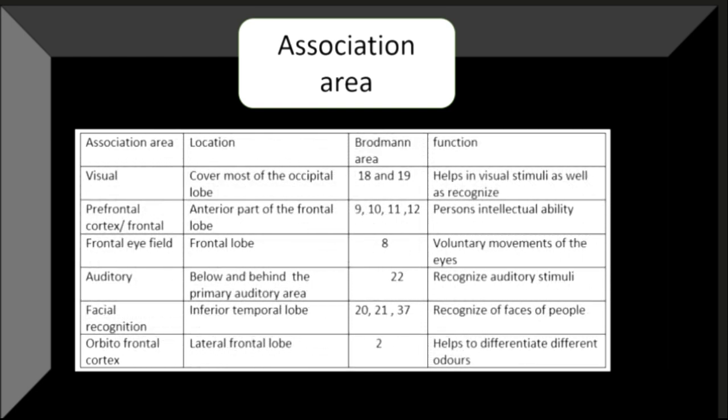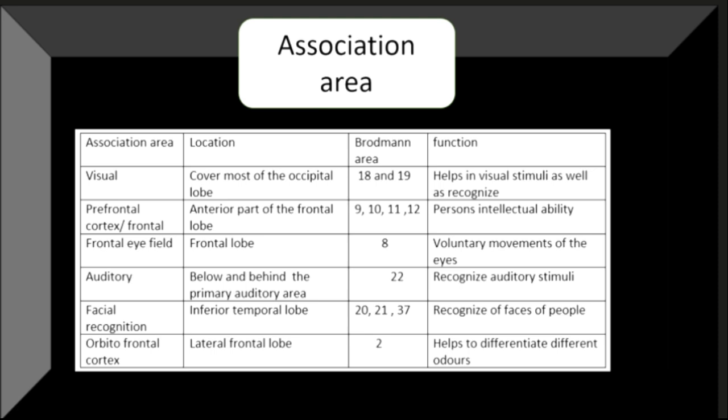So the first one is the visual area. As we know, we have already learned in the sensory area that vision is located in your occipital lobe. The main thing is the visual stimuli.